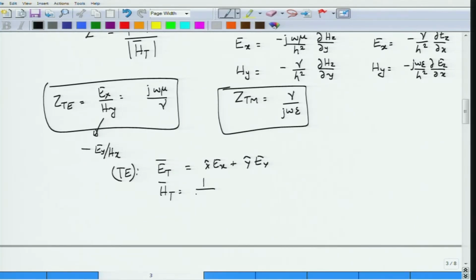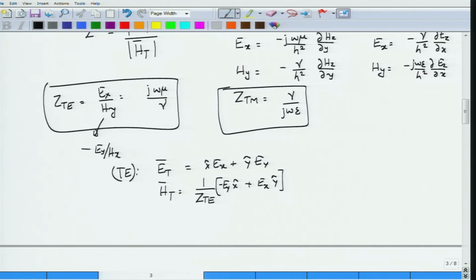So, you can write this as 1 by ZTE times z hat cross Et. This is the advantage of obtaining the impedance. Once you obtain the impedance, you can actually calculate all the other quantities as well.